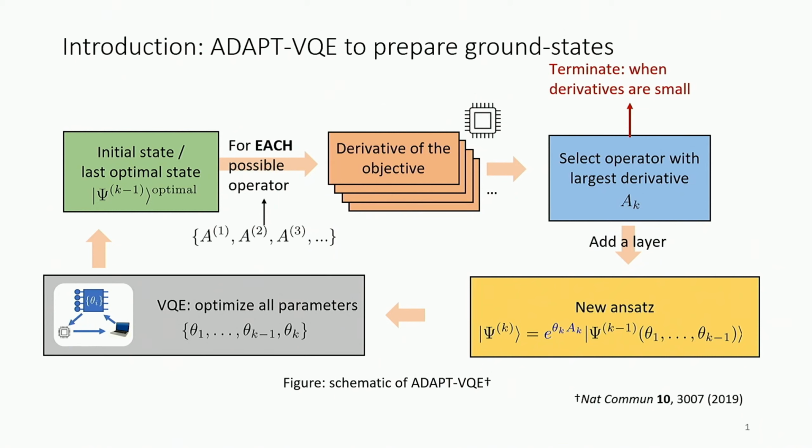It chooses the one that lowers the energy by the largest amount, adds that to the ansatz with its own variational coefficient, and then optimizes all the coefficients. And this process is carried out repeatedly until one has hopefully reached the global minimum of the cost function.